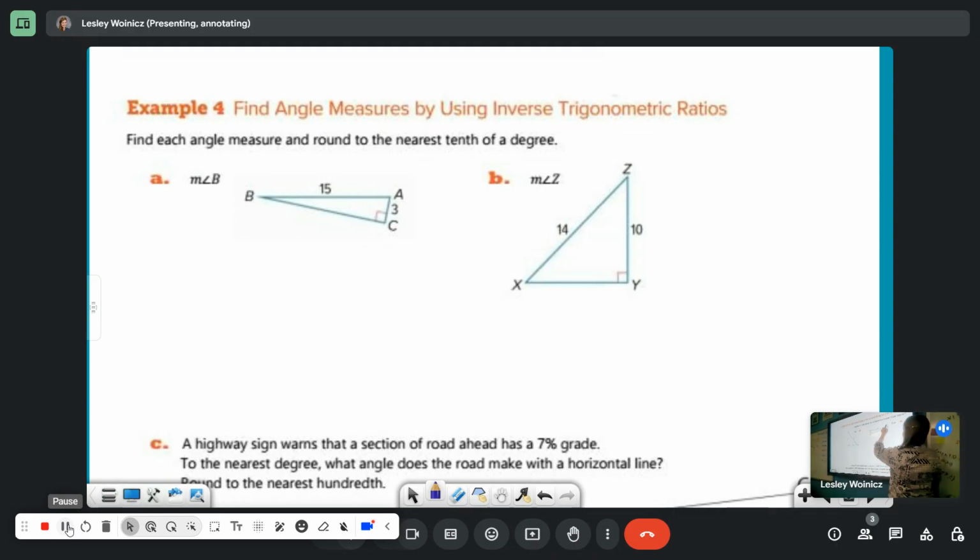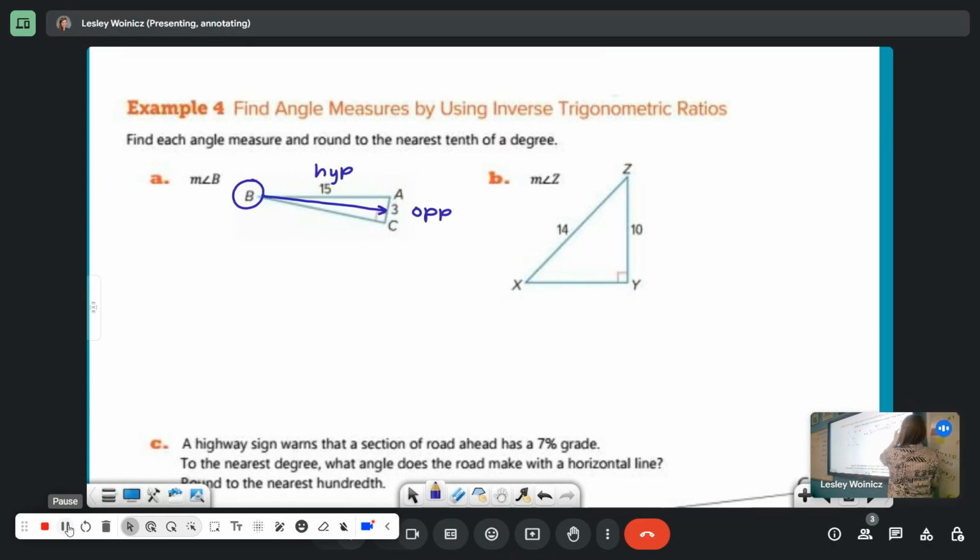So we're doing angle B. With respect to angle B, which sides do we have? Well, we have the side that's opposite the right angle. That's always the hypotenuse. And then we have the side that's completely opposite to angle B. So this is our opposite side.